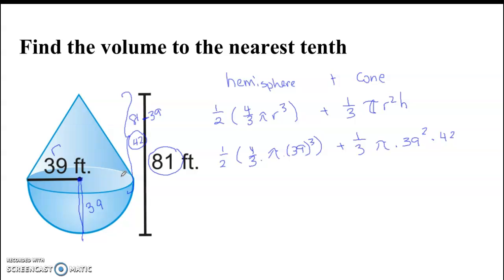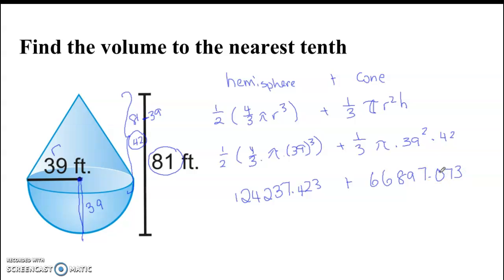When you put all of this in your calculator, if you want to do it piece by piece, this works out to be 124,237.423. And if you do the other one, it works out to be 66,897.073.